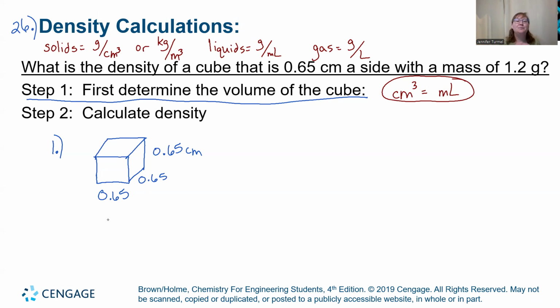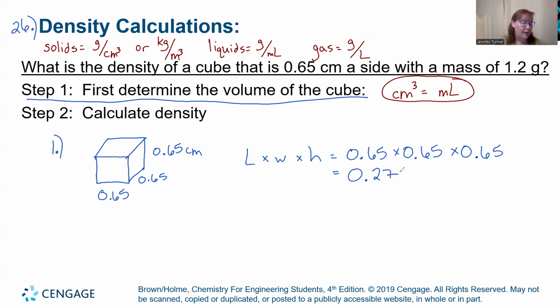The volume is length times width times height for any rectangular solid. So in this case, we have 0.65 times 0.65 times 0.65. And the value of this, again, you should be working through this on your calculator too, so that you're making sure that you're getting the right values, is 0.274625.